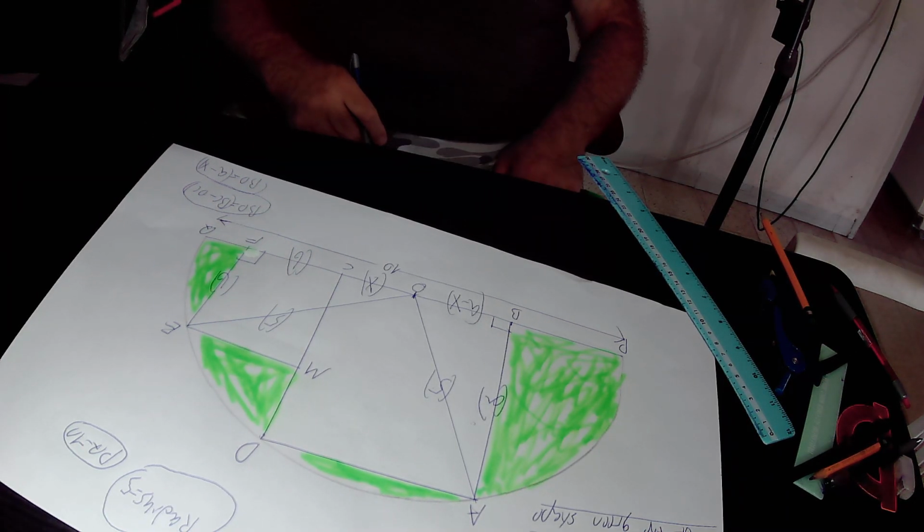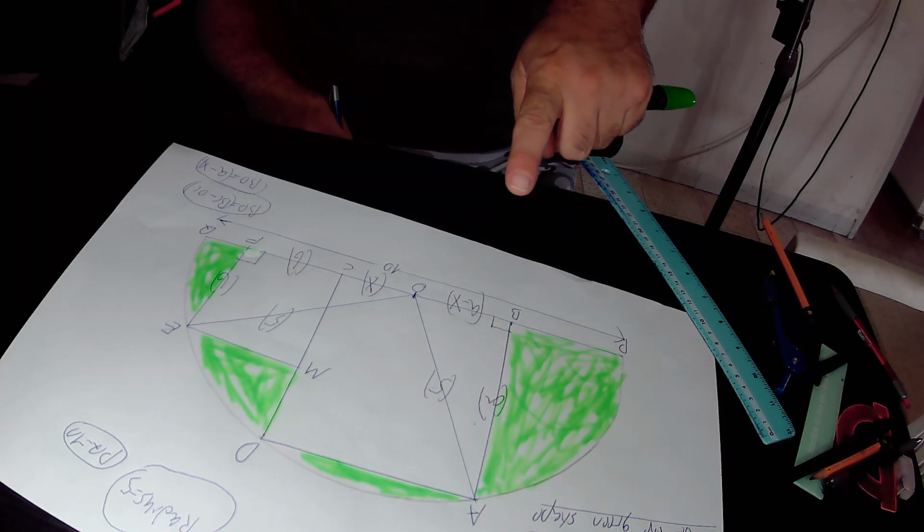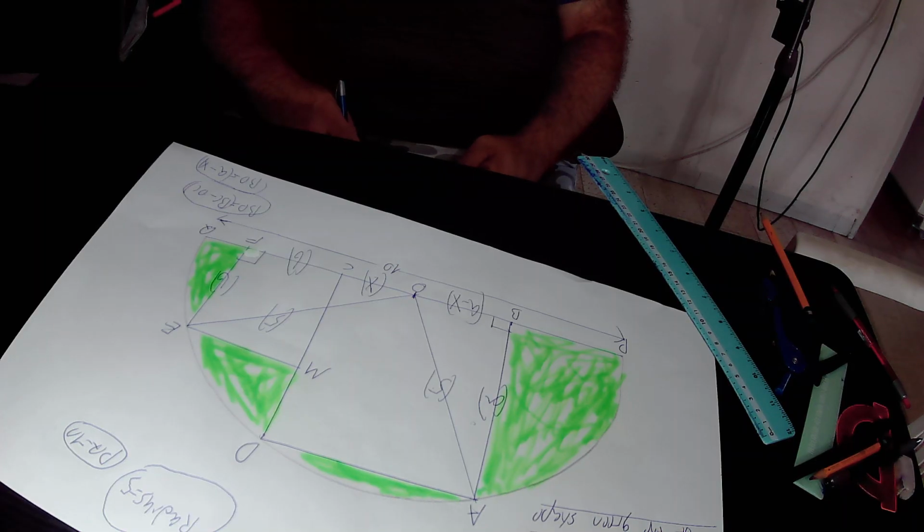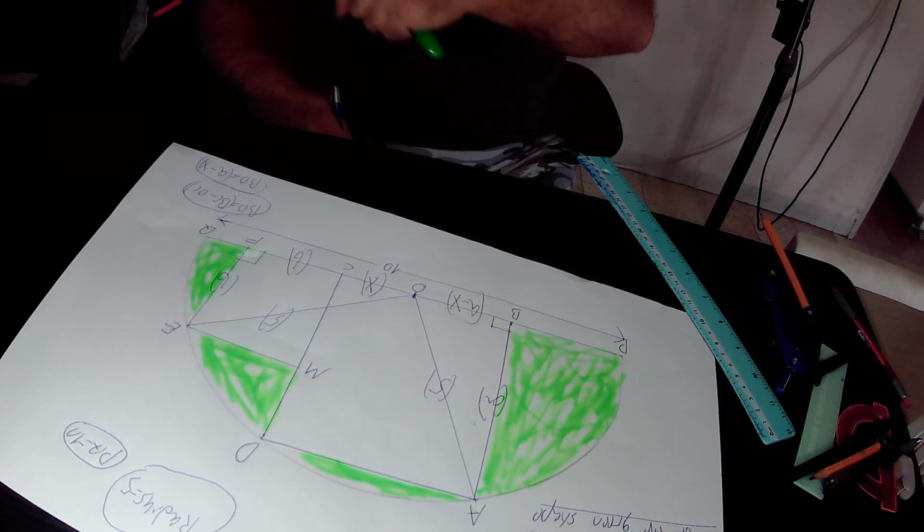In the next step, I'll copy the big right triangle ABO onto a new page and we will apply the Pythagoras theorem to it.